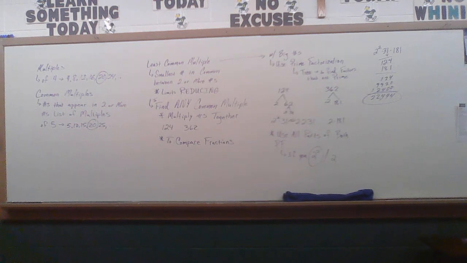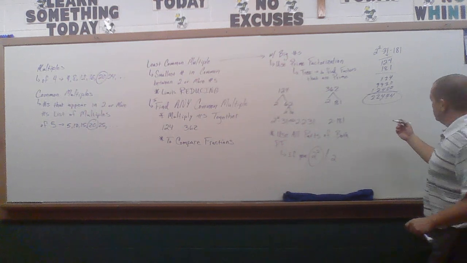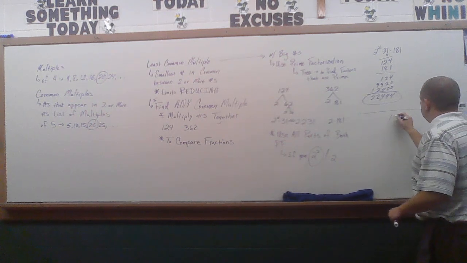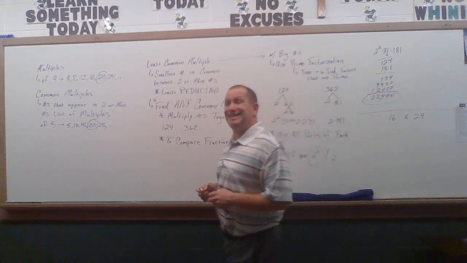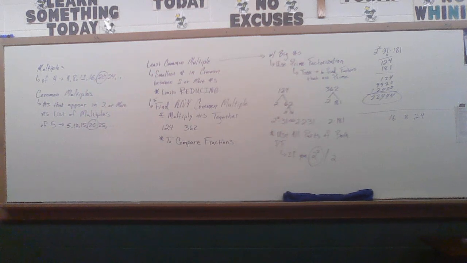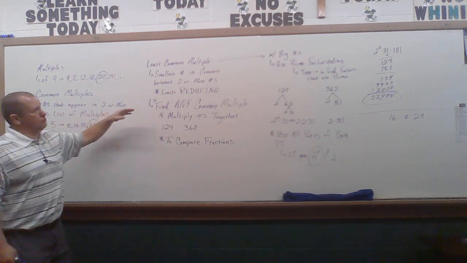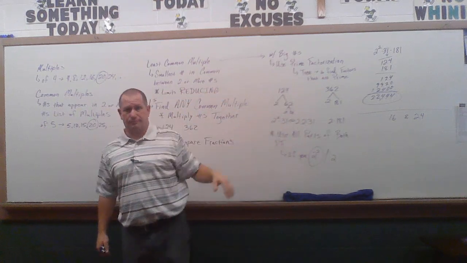So let's try this again. Let's do 16 and 24. So, I want to find the least common multiple. So again, if you don't want to make the lists, then you got to do the prime factorization.